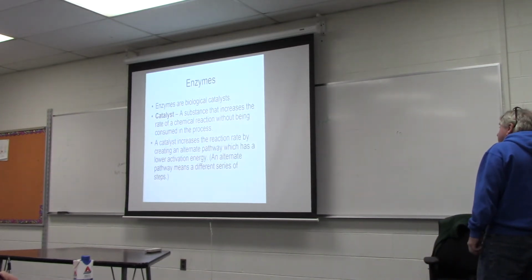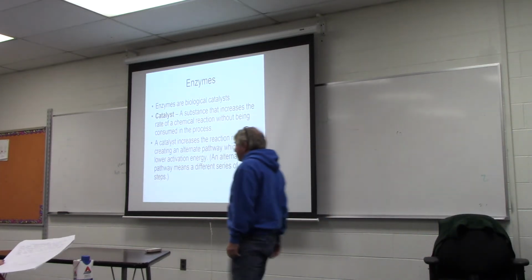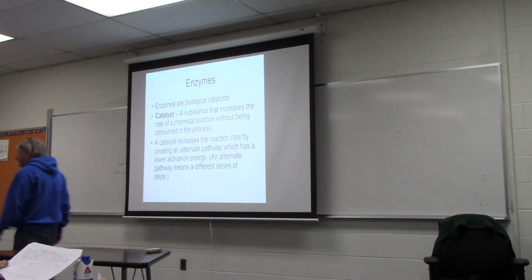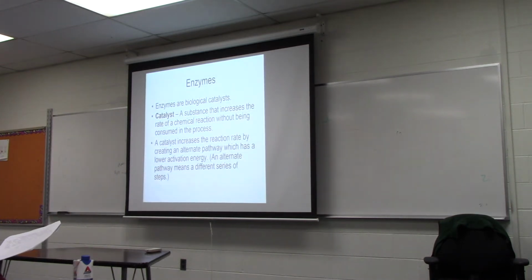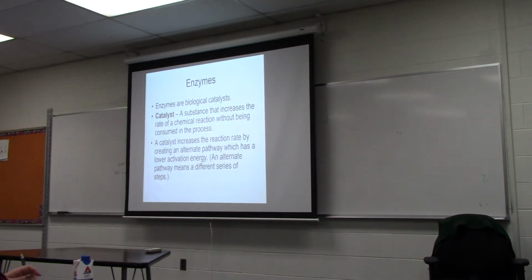Okay, now we get into enzymes. Enzymes are catalysts, and catalysts lower activation energy. Every chemical reaction has to go over a hill of energy before it can happen. What a catalyst does is it doesn't remove the hill completely, but it lowers the hill.